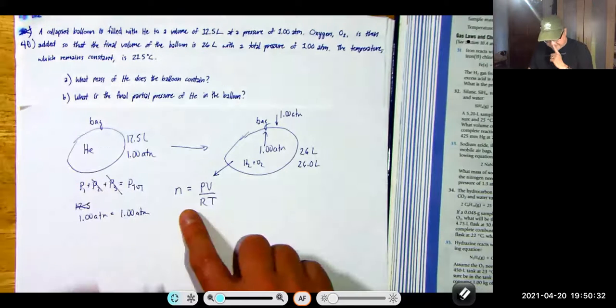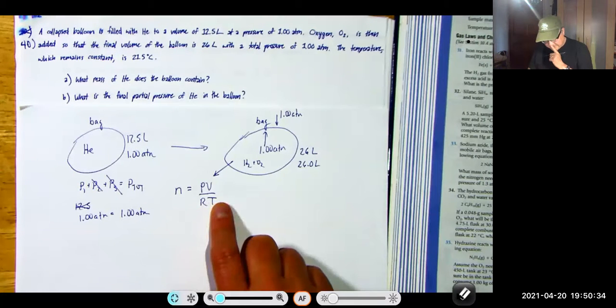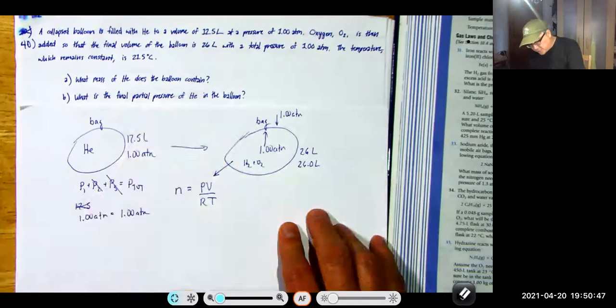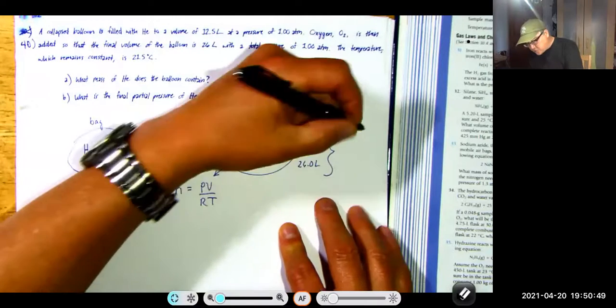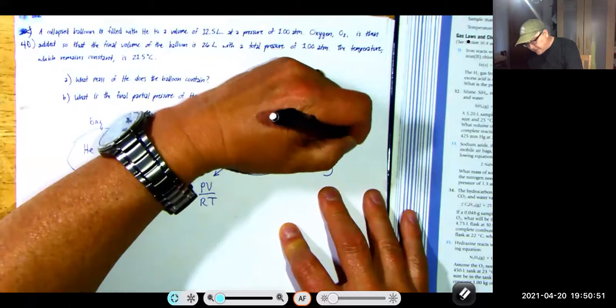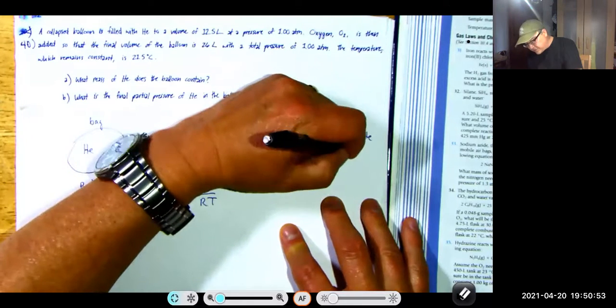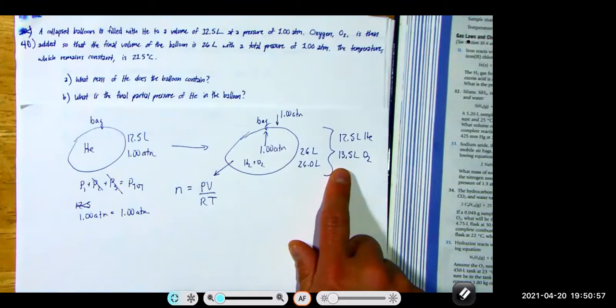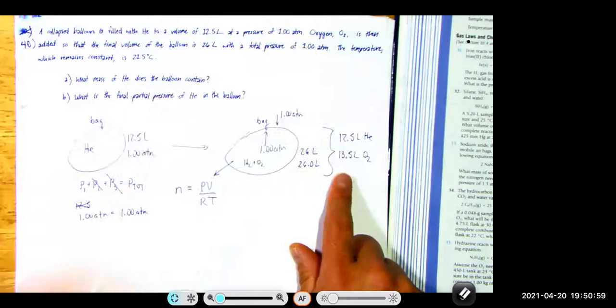Let me think about this. And from this, we decided that we had 12.5 liters of helium and 13.5 liters of O2. Is that correct? Yeah. Okay.